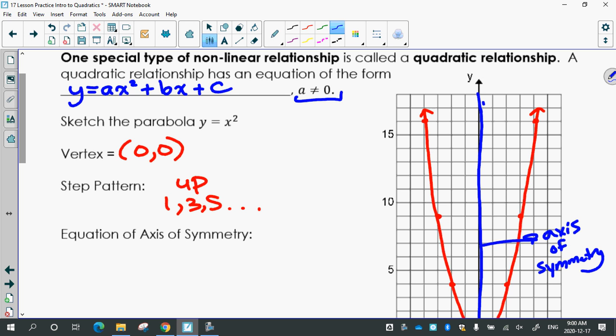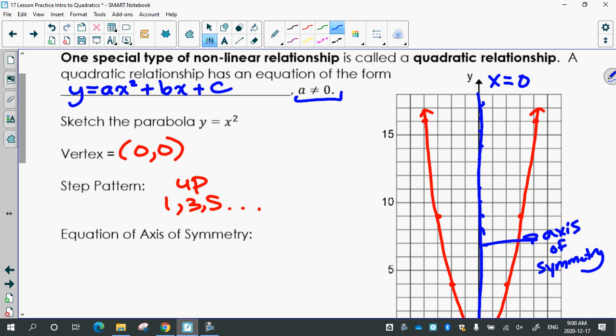Vertical lines have special equations. Their x equals whatever the x-intercept is. So the equation of the y-axis is actually x equals 0. Okay? Because it doesn't matter what y is, x is always 0. If you think about any point that's on the y-axis, x is always 0. Okay?